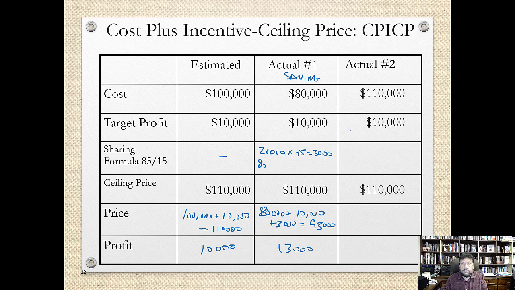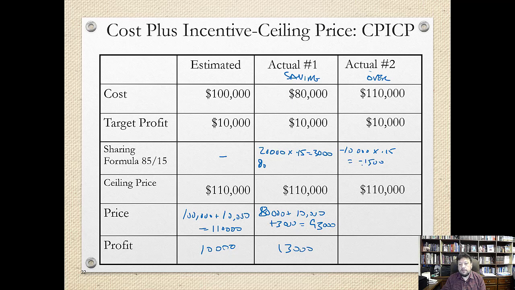And if they go over budget in this case, now we could calculate that they have gone over budget, and that means that they have to pay $1,500.